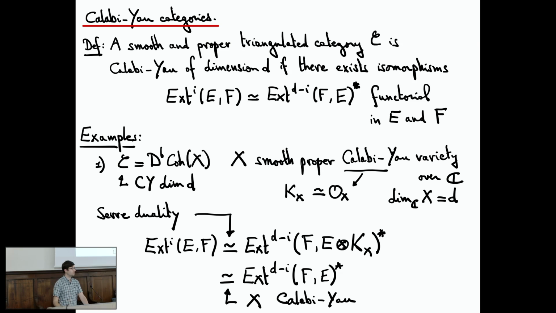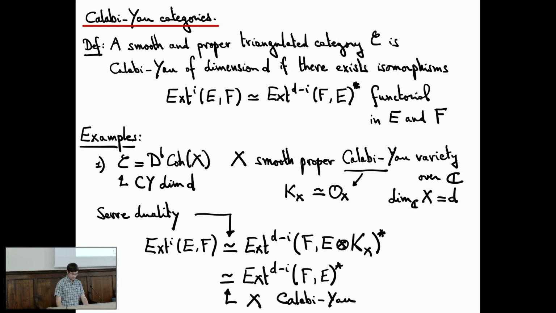It's always a line bundle on your algebraic variety. And you might impose a condition that this line bundle is trivial. In more explicit terms, a trivialization of your canonical line bundle is a top degree algebraic form. So if you want, it is a holomorphic or algebraic volume form on X.